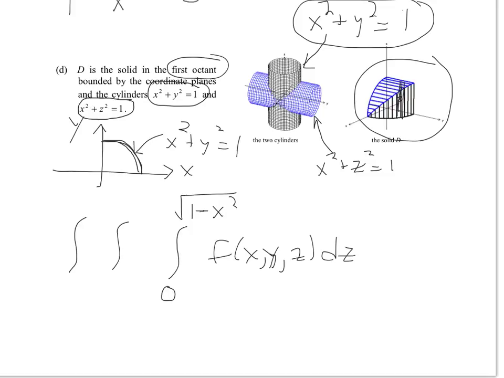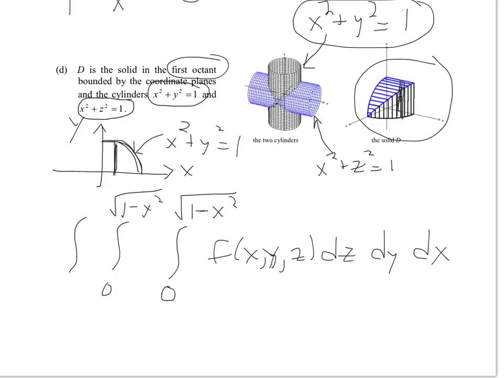You can integrate with respect to y next and then x, or x next and then y. It's really not going to matter. So I'll just go with respect to y and then x. To sweep out this quarter circle, I've got to let y vary from y equals 0 to y equals the square root of 1 minus x squared.